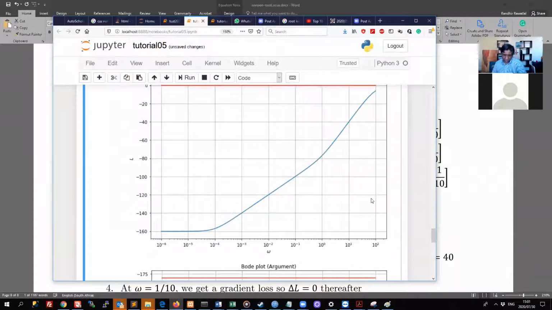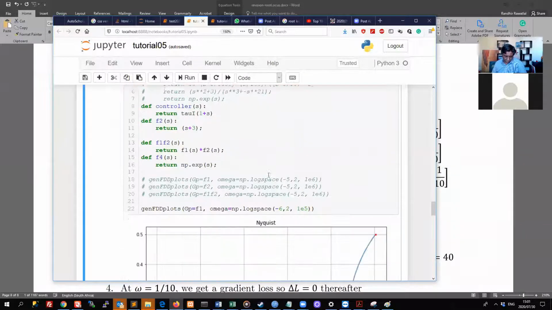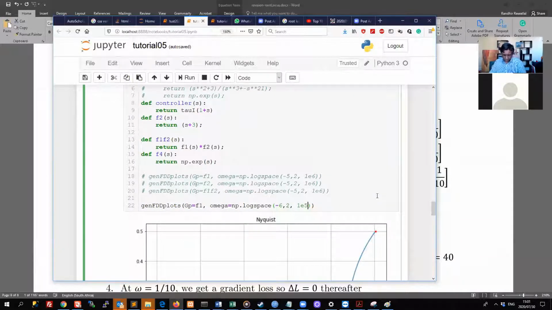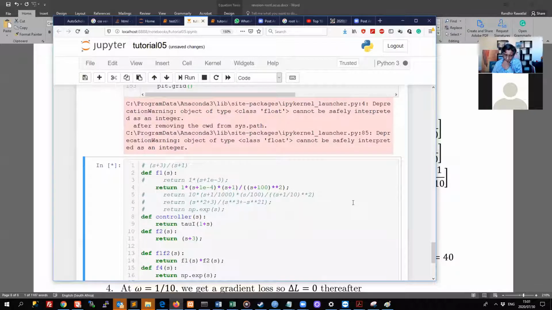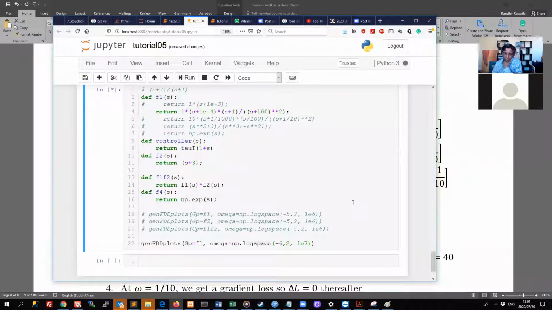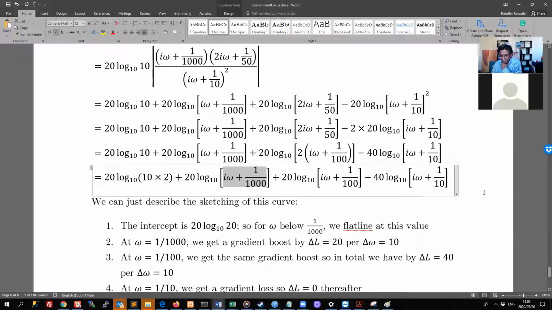And yeah, I need to extend this further to see that. So let's use... while we're waiting for that, let's keep talking here. So that's going to be the contribution from there.